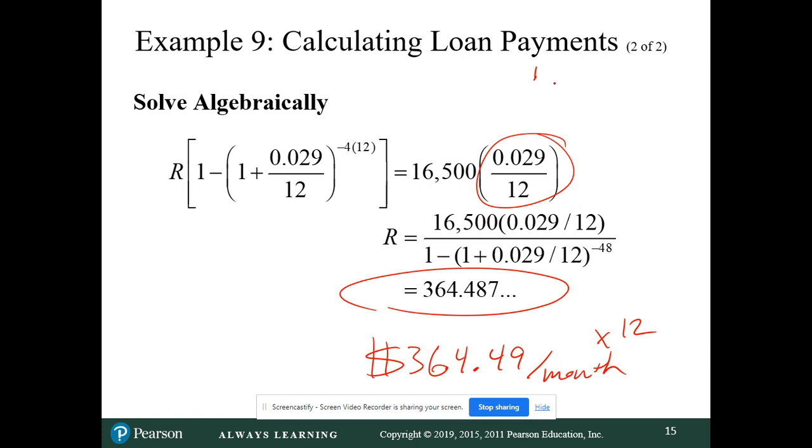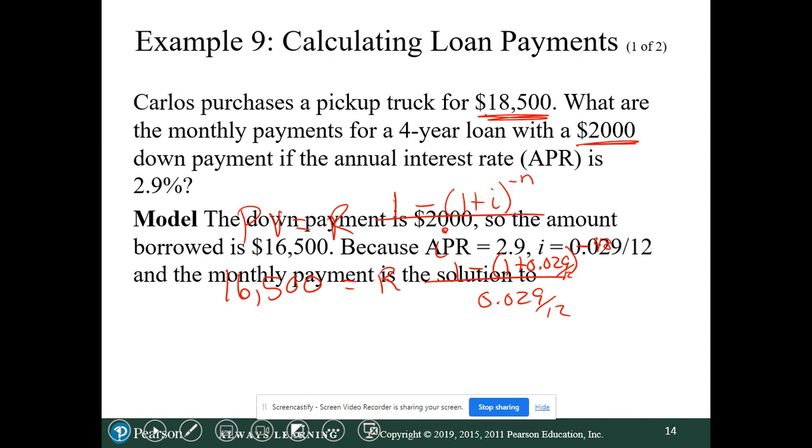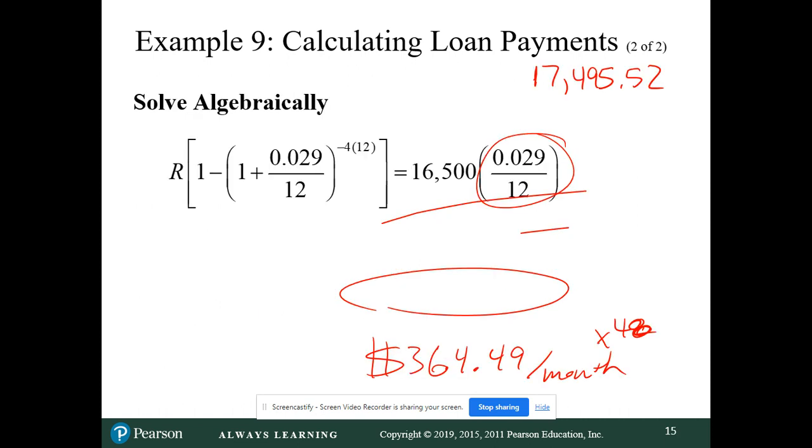I should have taken it times 48 because there are 48 months for this loan. That gives 17,495.52. So if you remember, 16,500 was the amount they basically loaned him because it was $2,000 down.